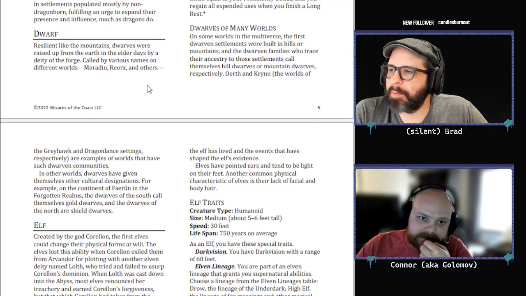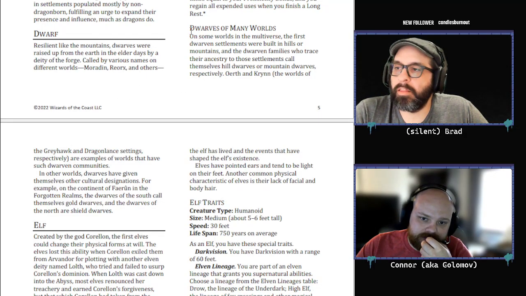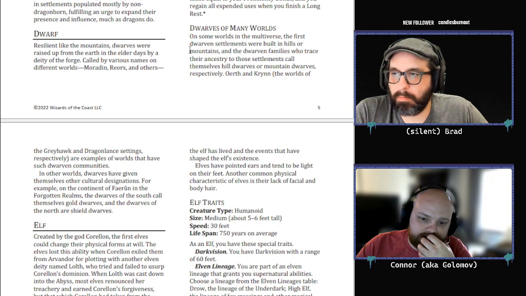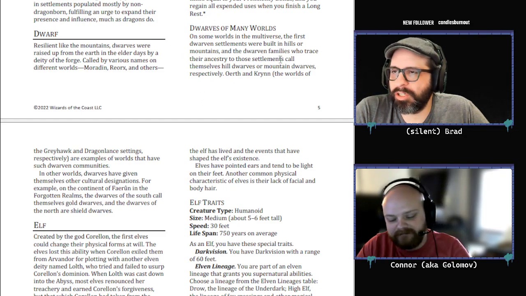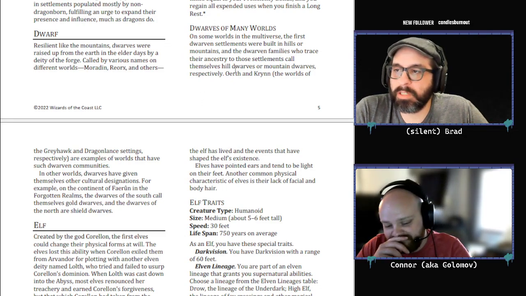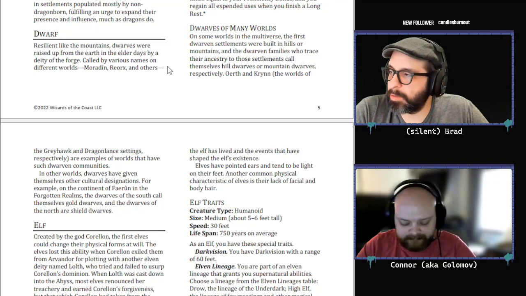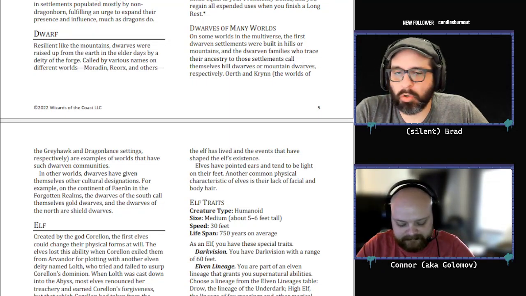Yeah, and in this section, the Dwarves of Many Worlds, they kind of go into that. On some worlds in the multiverse, the first dwarven settlements were built in hills or mountains, and the dwarven families who trace their ancestry to those settlements call themselves hill dwarves or mountain dwarves, respectively, which are the original subraces in 5e.